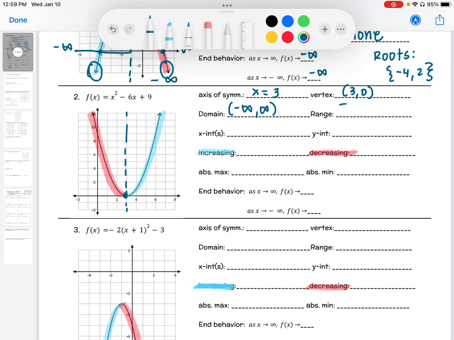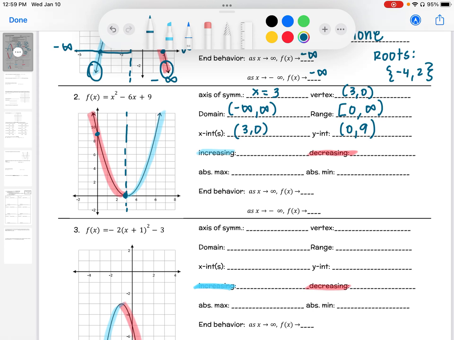Range, now we have a hard bracket first on 0, because that's the lowest y value, and it goes until infinity. X-intercepts, we only have one, and it crosses at 3, 0. Y-intercept, we cross at 0, 9.